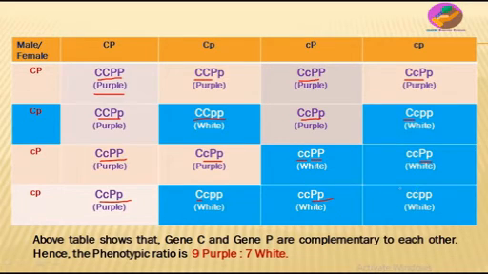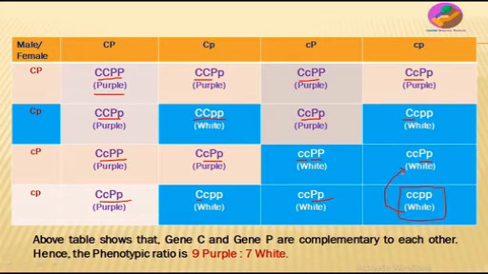In the last case, if you see, this is very different from all these, because here there is no dominant allele present, all alleles are recessive, still it will produce the same phenotype as these.